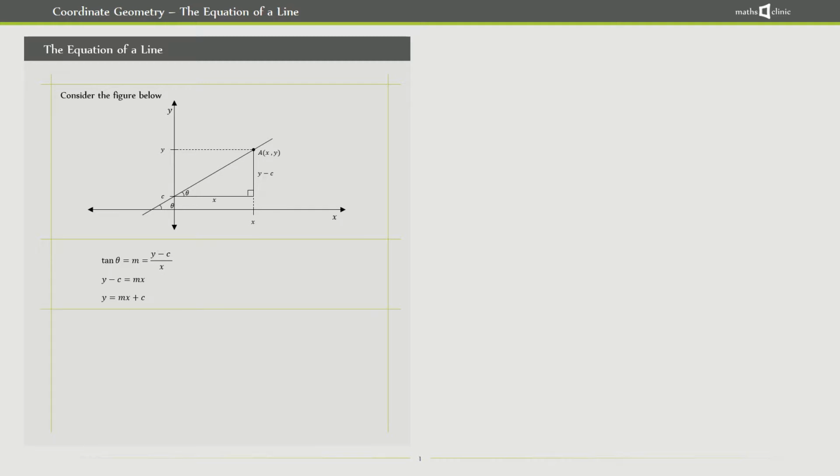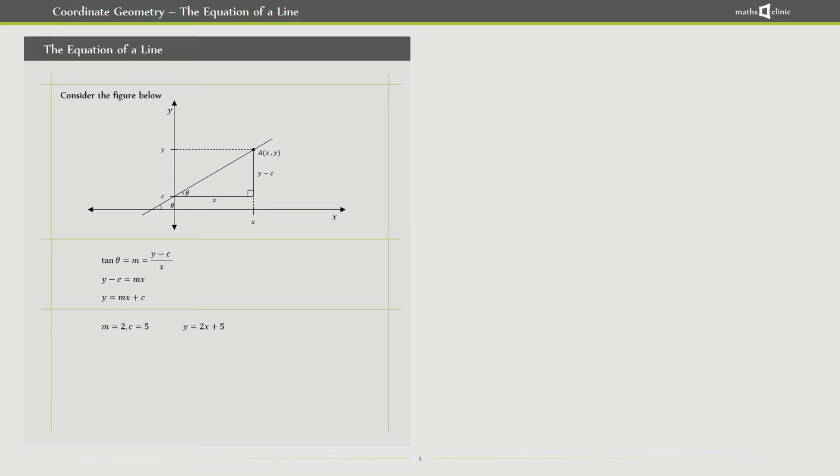So let's go about solving for the equation of a line. The equation of a line could come in different forms. Sometimes you could be given the gradient, so you have m equals 2, and the intercept c equals 5.